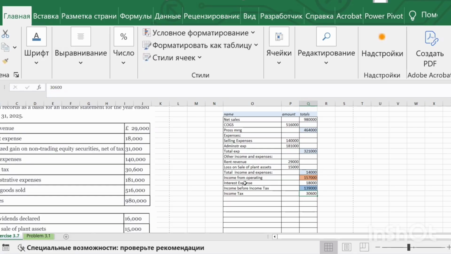But we should remember that income tax has the negative sign. So our final net income is equal to income before income tax minus income tax. So it's our real net income.